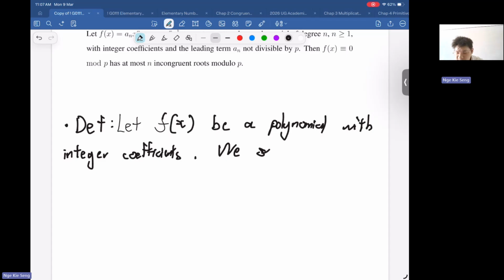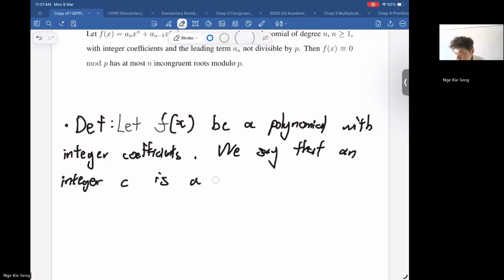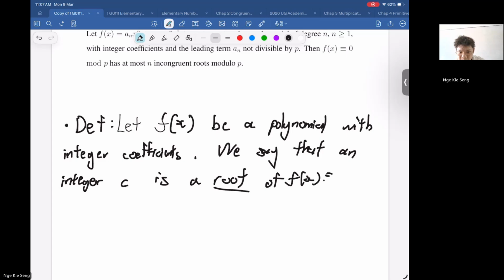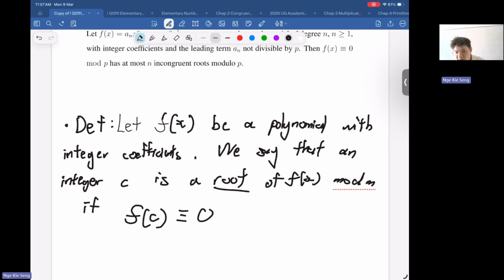We say that an integer c is a root of f(x) mod m if you substitute c into f and calculate the number, you get 0 mod m.